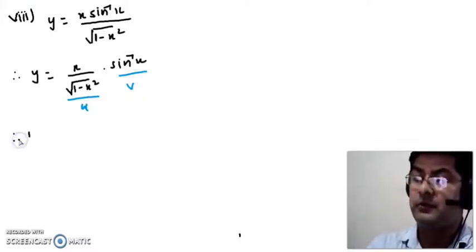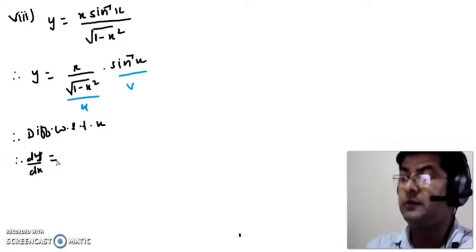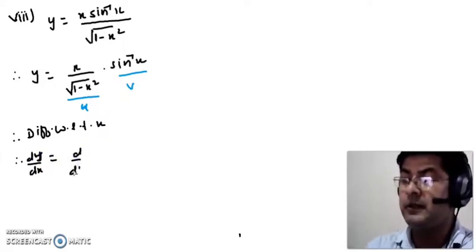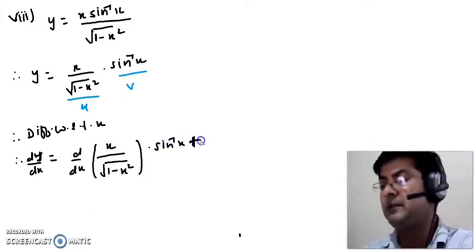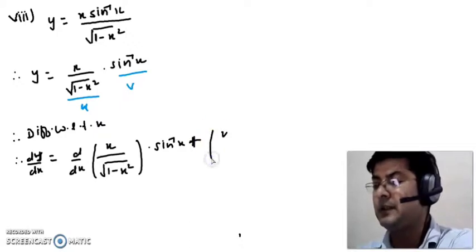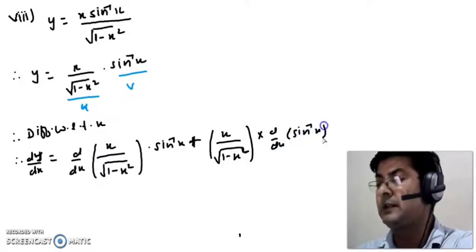Therefore differentiating with respect to x, dy by dx is equals to d by dx of x upon square root of 1 minus x square into sine inverse x as it is, and then we have x upon square root of 1 minus x square as it is into d by dx of sine inverse x.